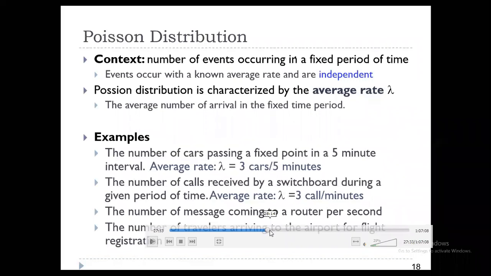Then we can model such processes like the number of cars passing a fixed point in 5 minutes. So that's traffic lights modeling and simulation. The number of calls received by a switchboard during a given period of time. That goes into various fields of study, telecommunications, security and all that. The number of messages coming to a router per second.